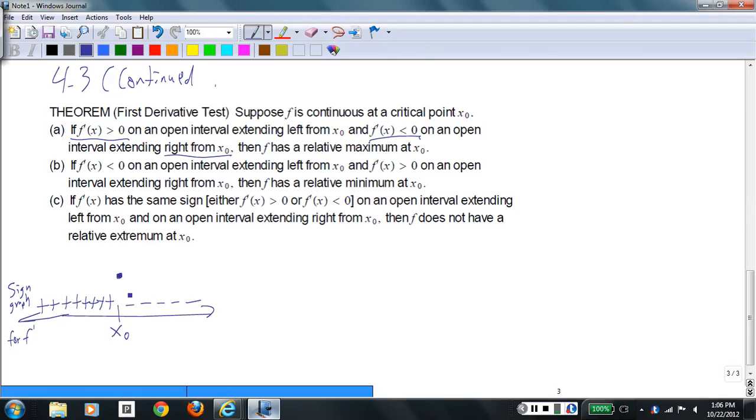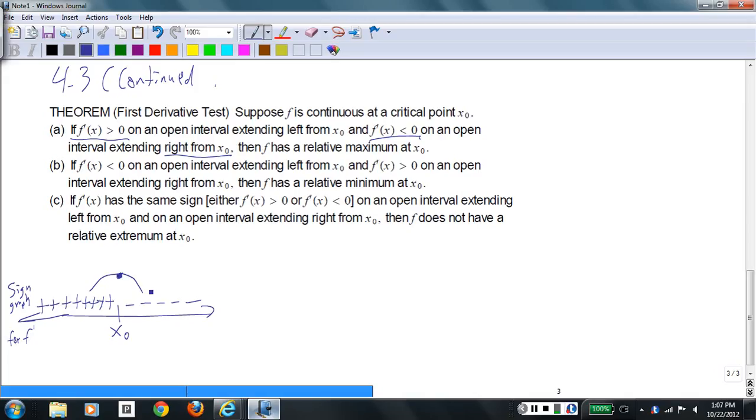If f prime is positive, does that mean the function's increasing, decreasing, or what? Increasing. If f prime is positive, it's increasing, so the graph is looking like that. It increases up to that point. On the other side of that, if f prime is negative, then it's decreasing away from that point.